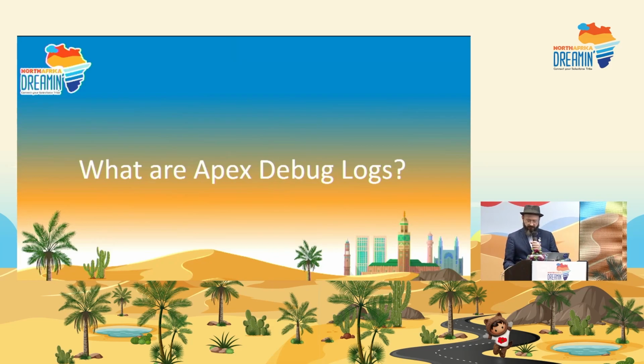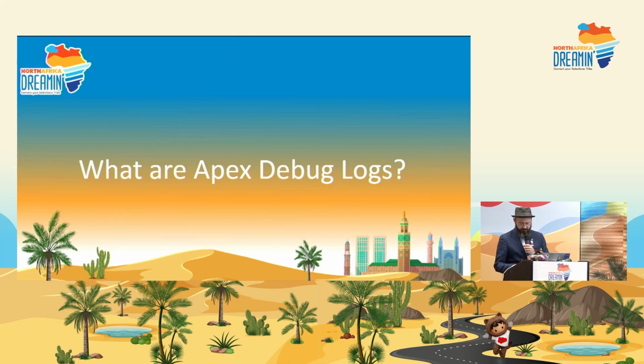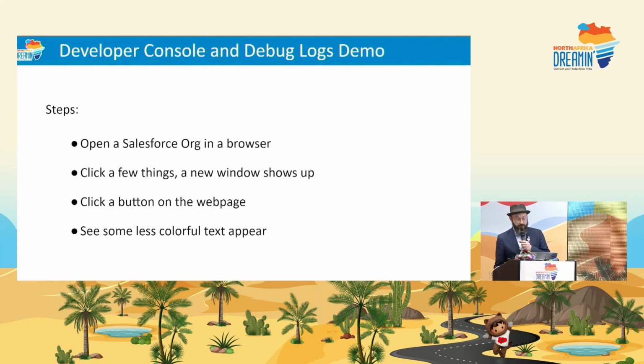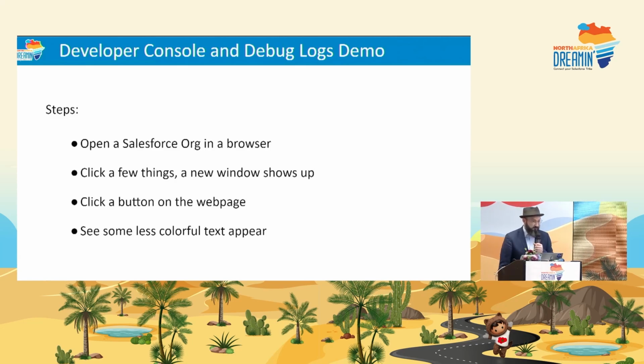Now, what about Apex Debug logs? Why and how are they different? Again, I will go into a Salesforce org. I will click a few things. I will click a button on the web page, and some less colorful text will appear.